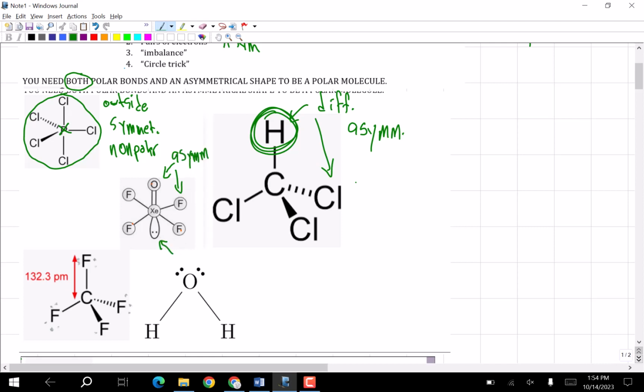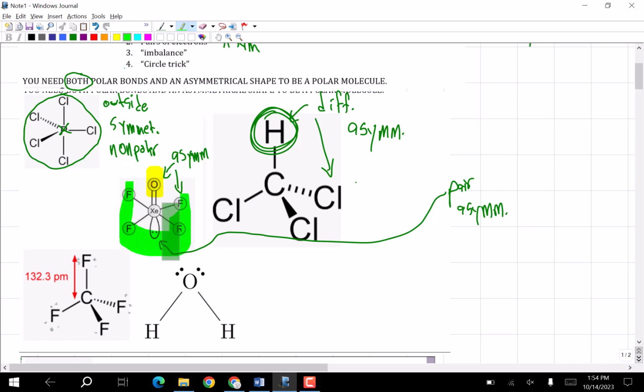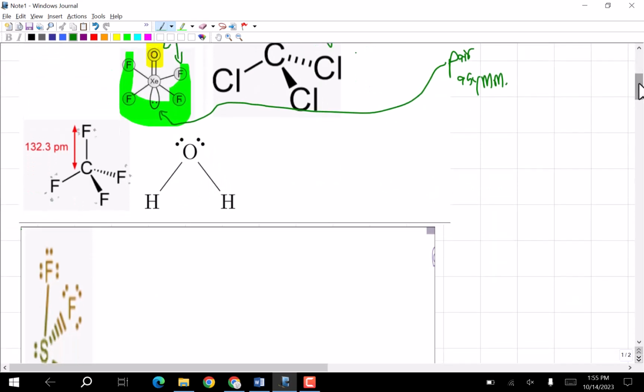And see how I have a lone pair of electrons? I'll draw this over here so I can talk about it. A pair means it's asymmetrical. Now, you only need one of those, but I just want to show you some different setups for it. Notice how this would have an oxygen end on top, and then a fluorine end on the bottom, right? So those would be ended. Remember, polar means ended.